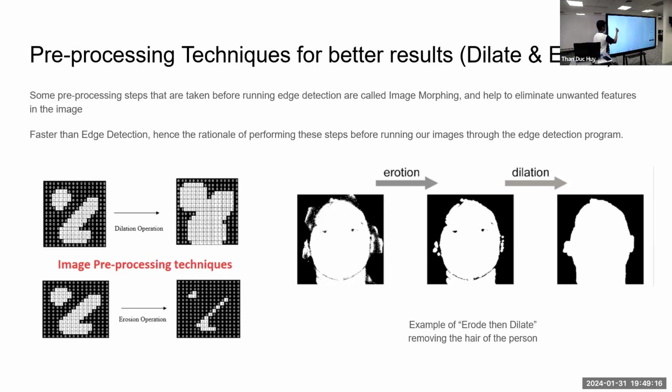Okay. So now let's take a 5 by 5 matrix. 0, 0. And we can assume this as the image.